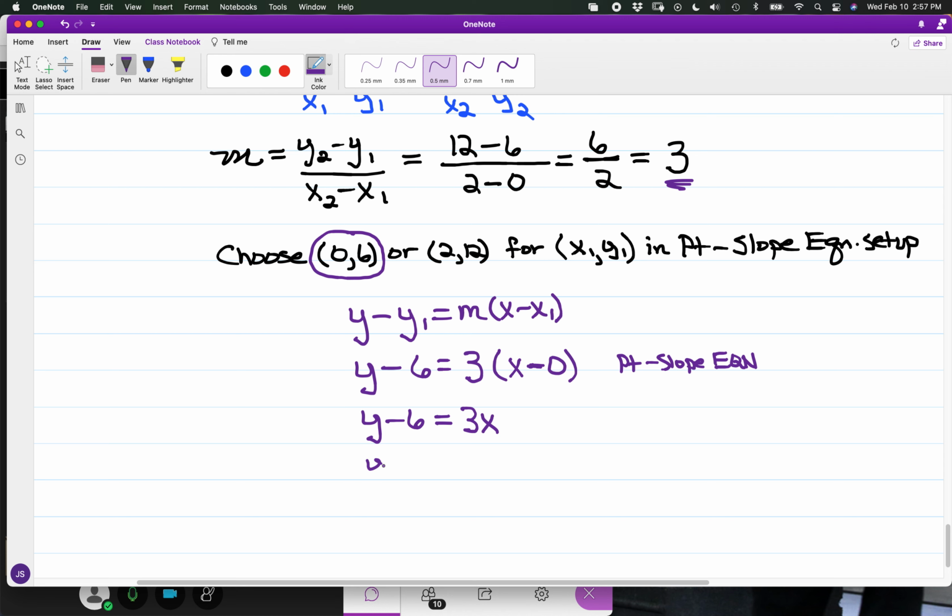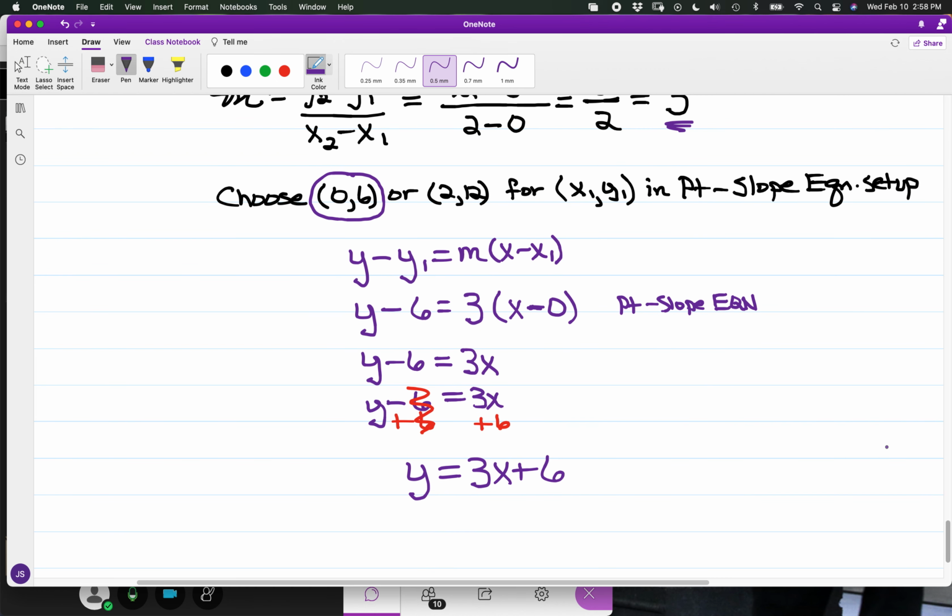And getting the y term by itself, upon adding 6 to both sides, it's going to follow that the slope-intercept equation is y is equal to 3x plus 6.